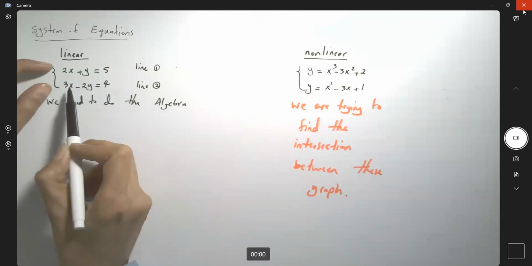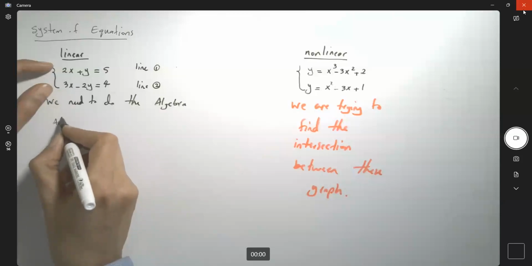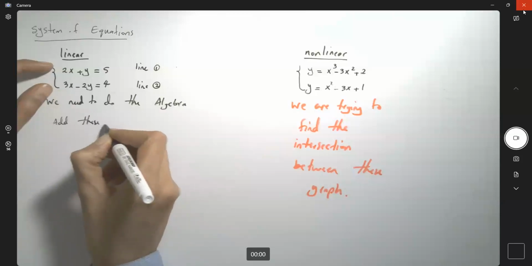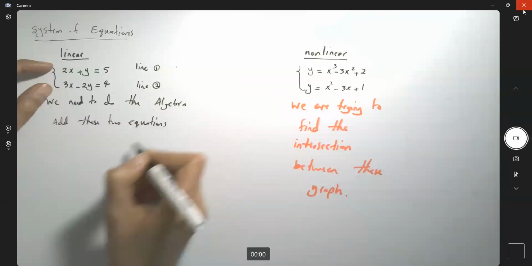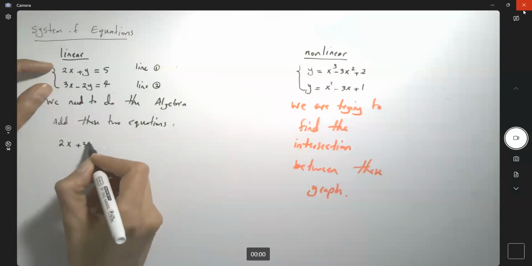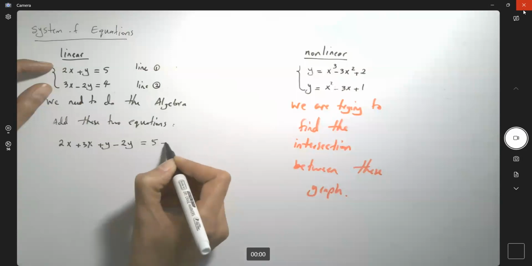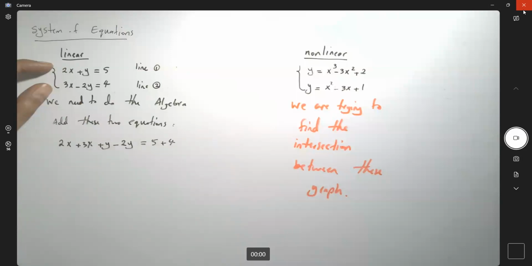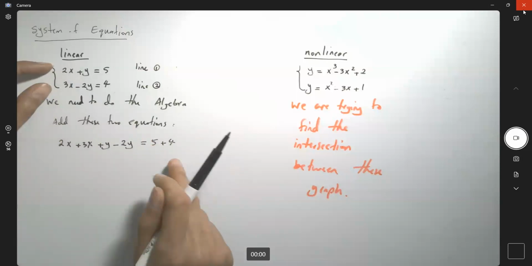For a moment, if you add these two equations, what you see is 2x plus 3x plus y minus 2y equals 5 plus 4. So you're adding left-hand side together, you're adding right-hand side together.